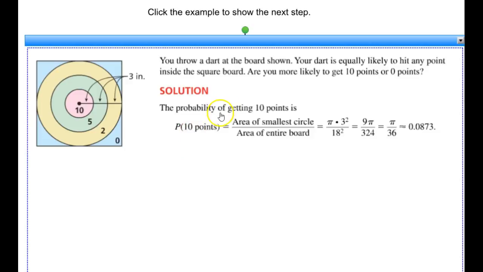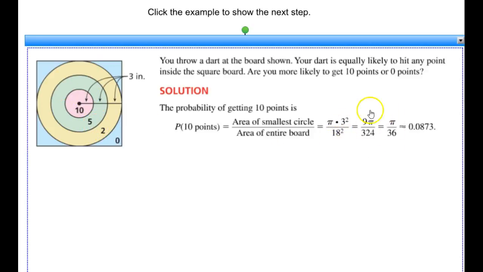Okay, so the probability of getting this 10 is going to be the area of the smallest circle divided by the area of the entire board, right? Because the area of the entire board is my total outcomes, and I'm just looking at the outcomes in my 10. So I know it's going to be pi times 3 squared, because the radius of my little circle was 3, over the area of my entire square.